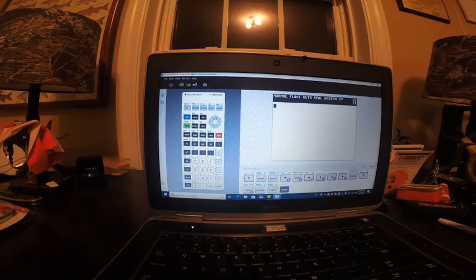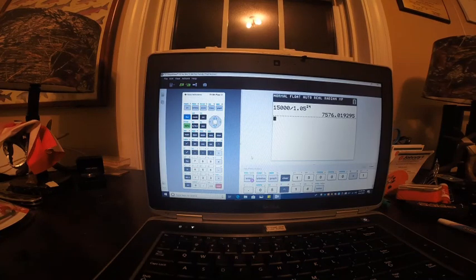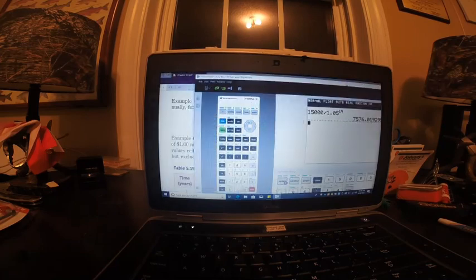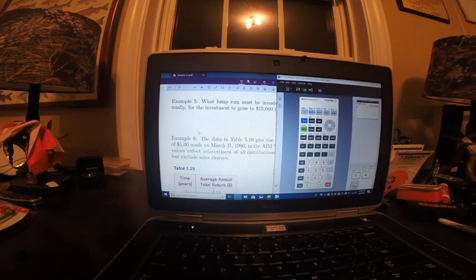All right, so 15,000 divided by 1.05 raised to the 14 should give us $7,576.02. So if I put this to the side so I can still see it, write it down.